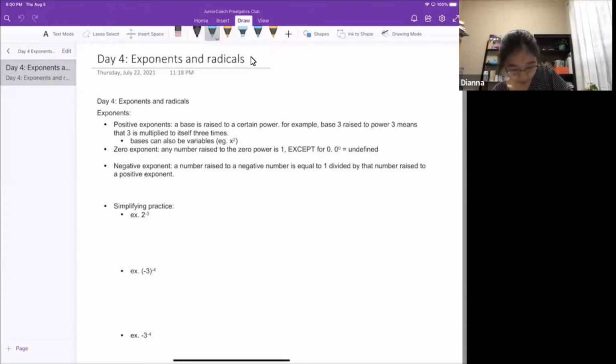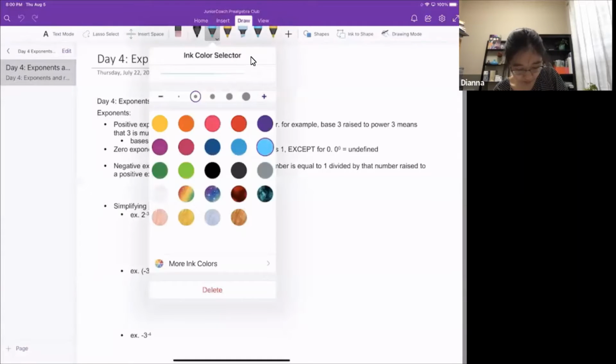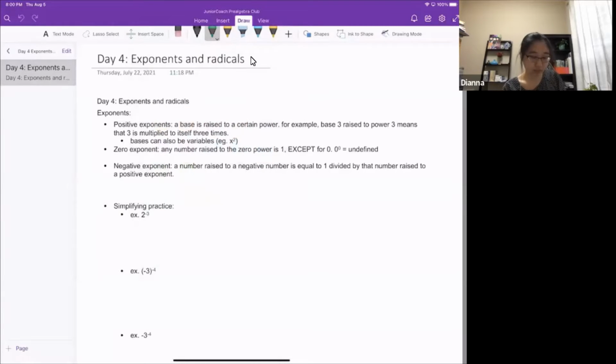I'm going to underline them in a nicer color so maybe you can see it better. Okay, so positive exponent. You probably have seen an exponent before. Let's say we have 2 squared, right?